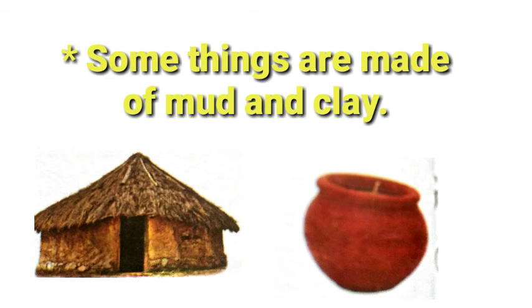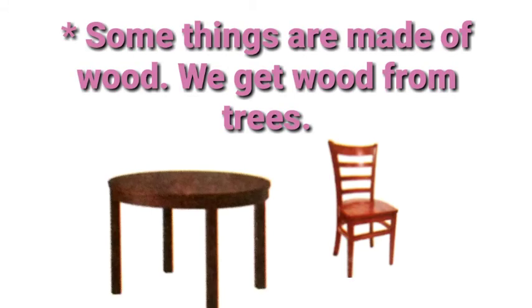See, some things are made of mud and clay. Here two pictures you are having. One is a hut and one is a clay pot. For a hut we need mud and clay, and for the clay pot also we need clay. So these are materials which are made from mud and clay.